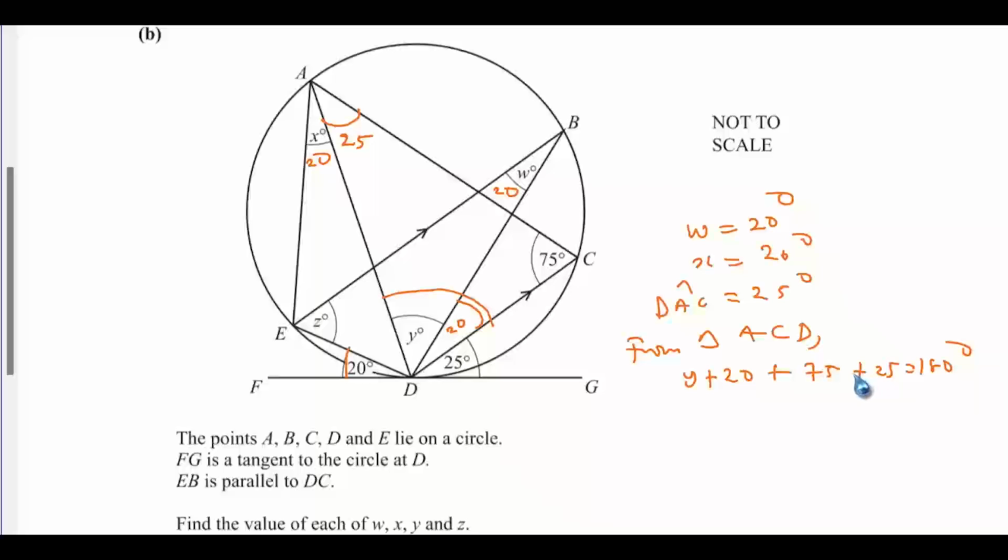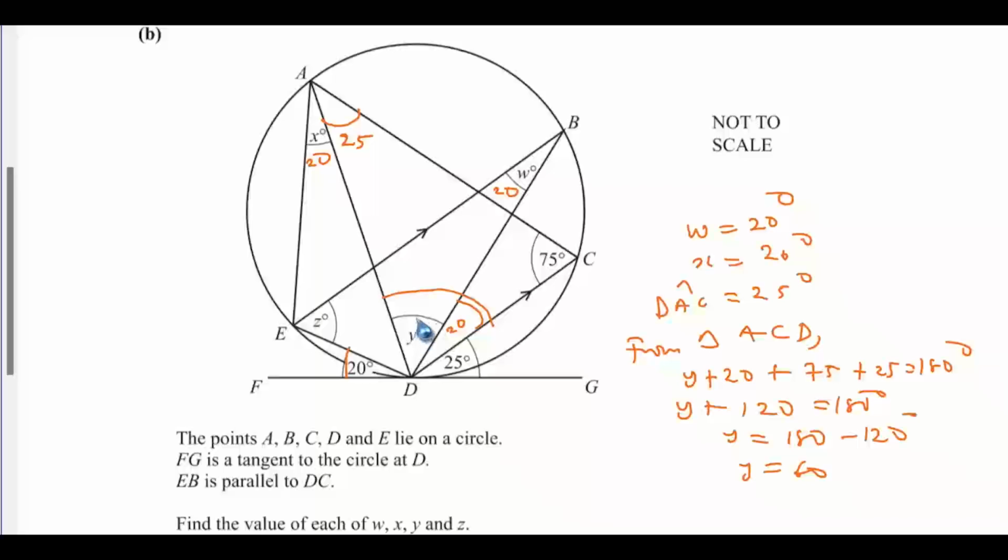Sum of angles in the triangle add up to that. Then we can have Y plus 120 to be equal to 180 degrees. Y is equal to 180 degrees minus 120 degrees. So Y will be equal to 60 degrees.